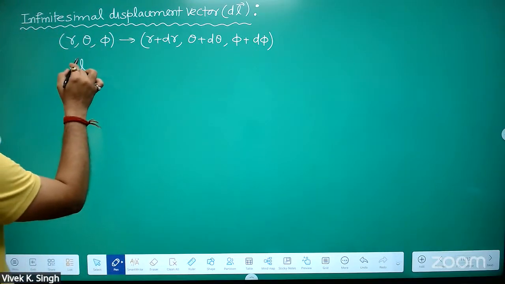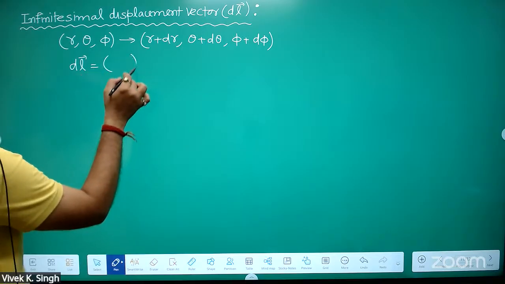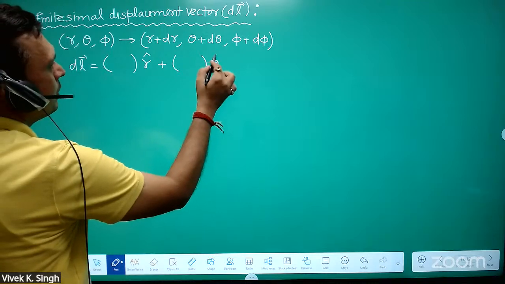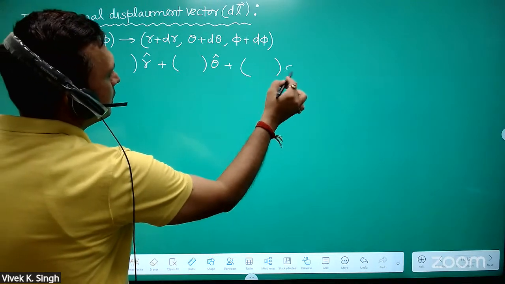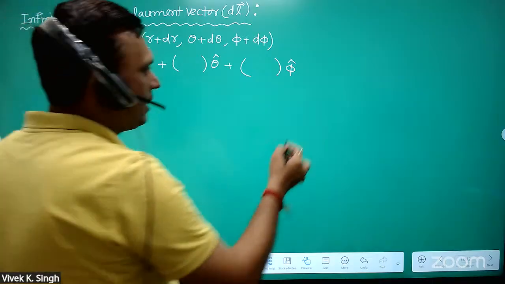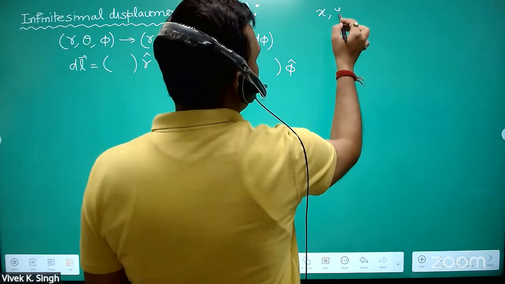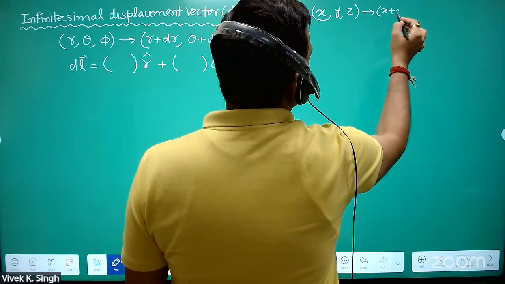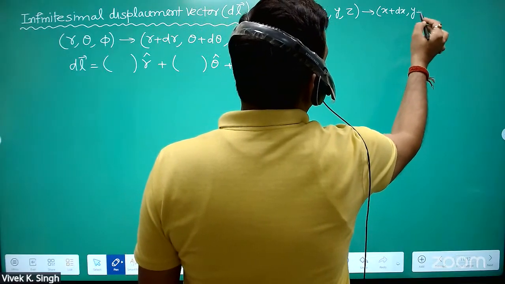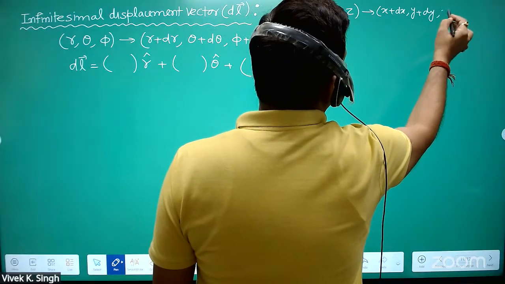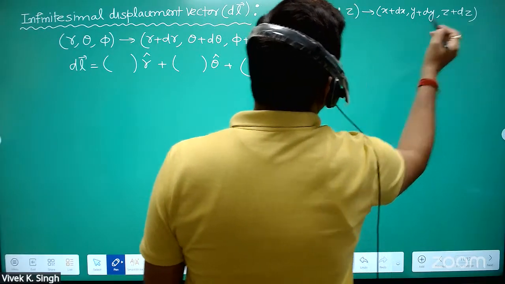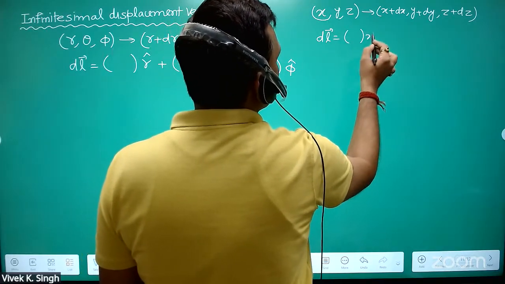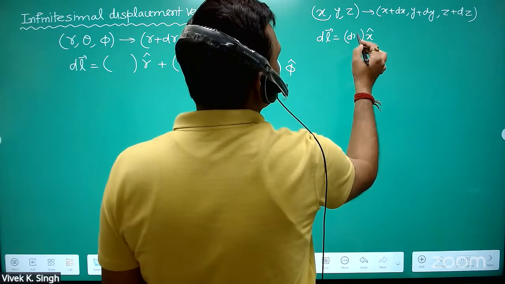dl. So this dl vector is given by, you have to see change along r cap, change along theta cap, and change along phi cap. Just like in Cartesian symmetry, if you have changed x, y, z by x plus dx, y by y plus dy, and z by z plus dz, then this dl vector is given by change along x cap, which is dx here.